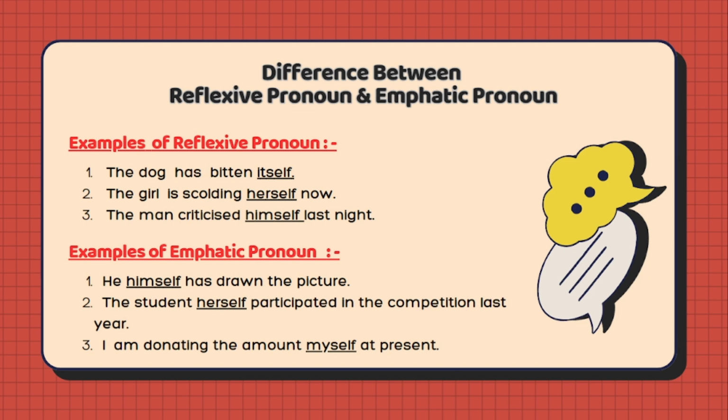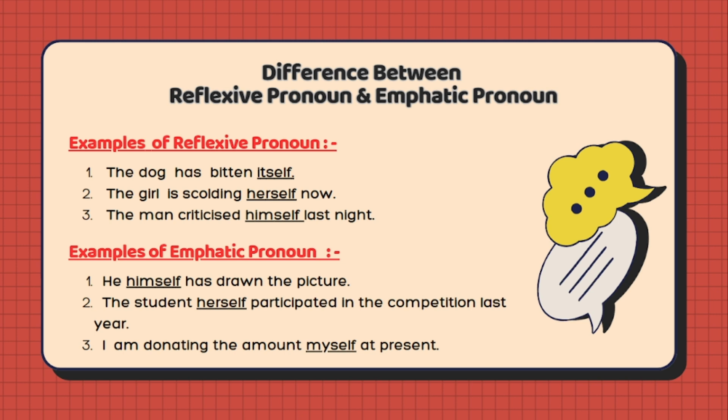Second one is, the self form is used to give a special importance to the action, or to give stress about the action, or to give an extra stress or force about the action.